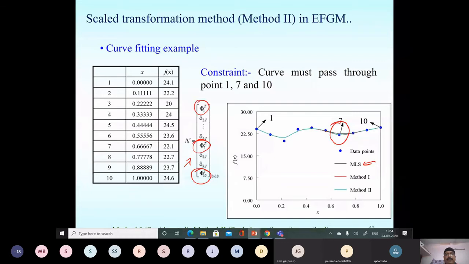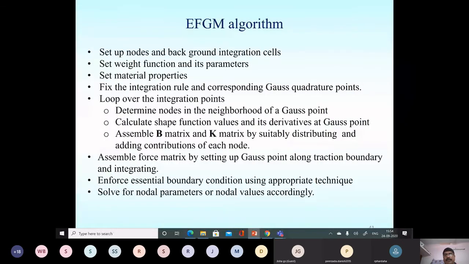You set up the background nodes and integration cells. You set up the nodes, then set up the weight function and its parameters, material properties, and the integration rule. Okay, you can use 1 point, 2 point, 4 point, 8 point, and so on. Then loop over the integration points. For each integration point, determine the neighbor nodes, calculate the shape functions, and then calculate the B matrix, K matrix, and so on.